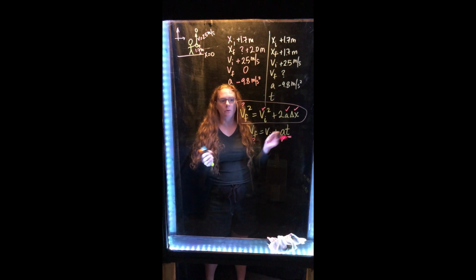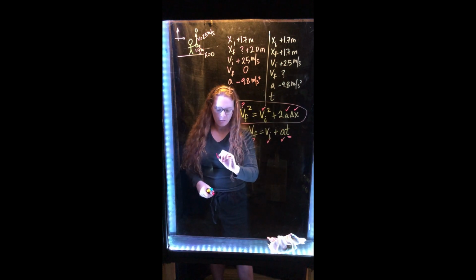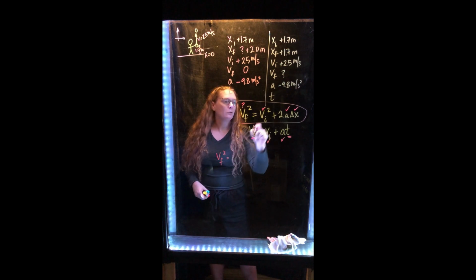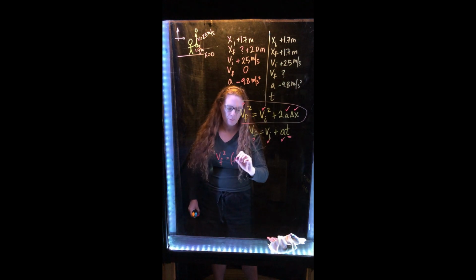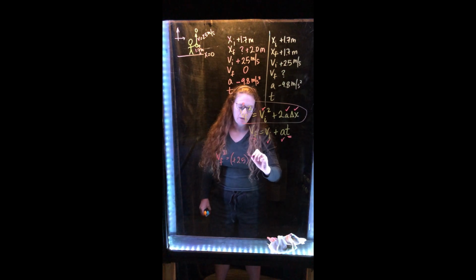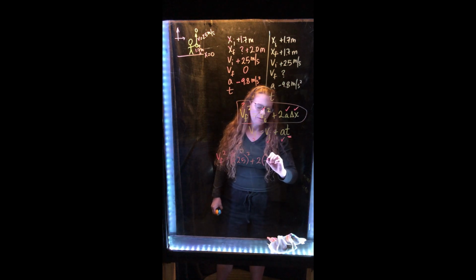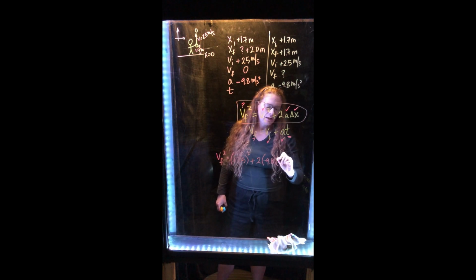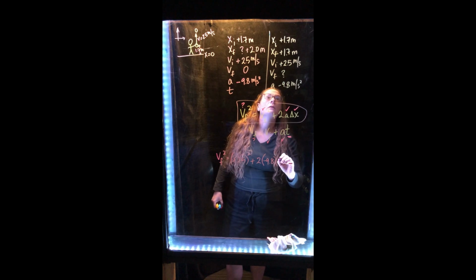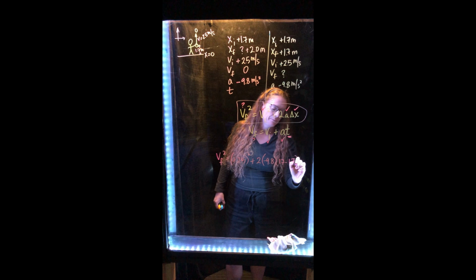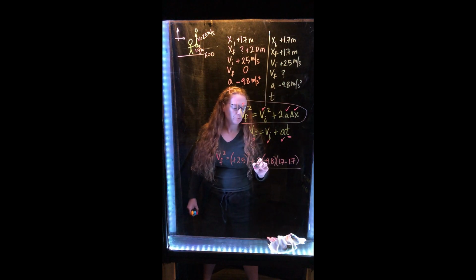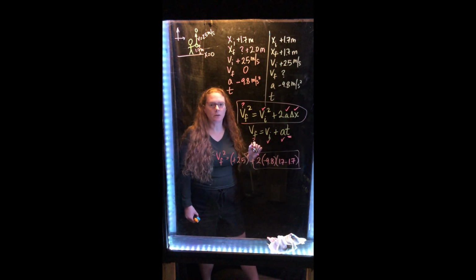Let's do the solution. V final squared, which is what we're looking for, equals V initial squared. So that's a positive 2.5 squared plus 2 times negative 9.8 times X final, 1.7, minus X initial, 1.7. Well, isn't this interesting? Take a look at that term.